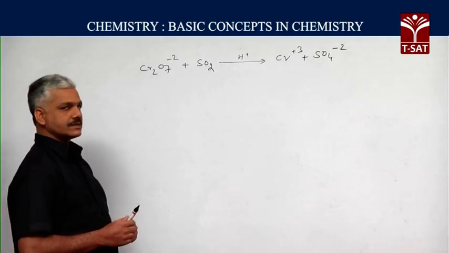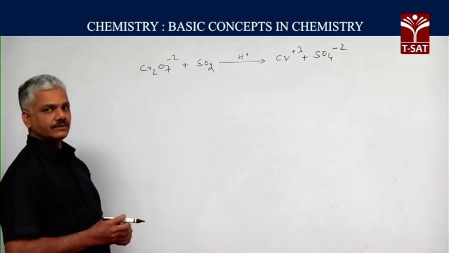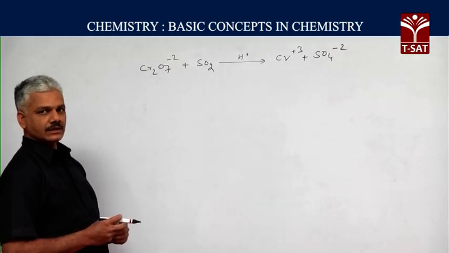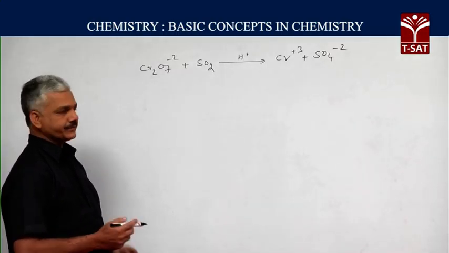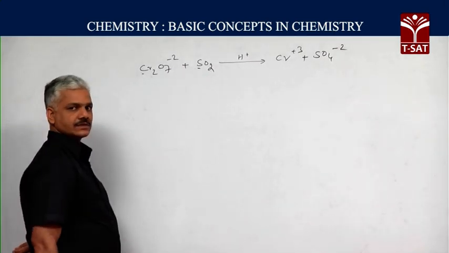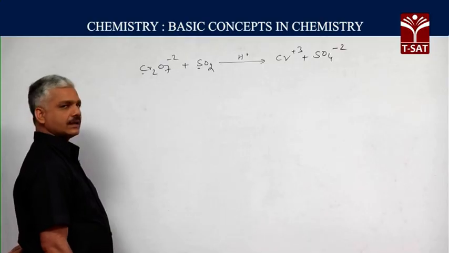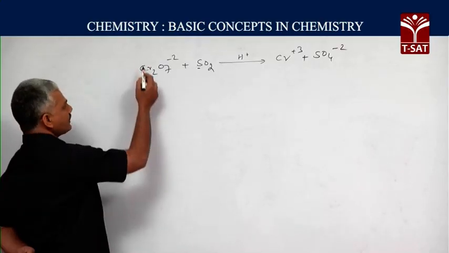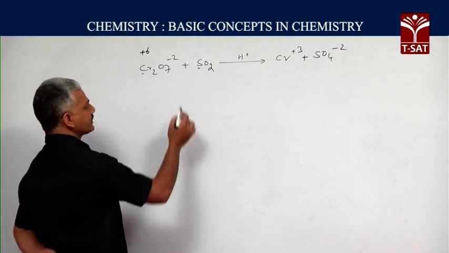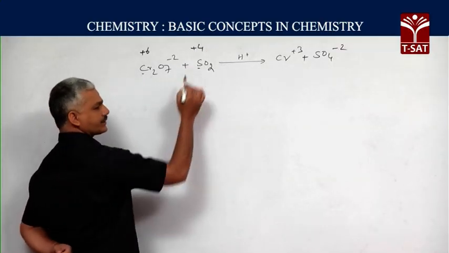In order to balance this equation, first we have to write down the oxidation states of elements other than oxygen and hydrogen. Other than oxygen and hydrogen, the elements present in this equation are chromium and sulfur. Here chromium oxidation state comes out to +6, sulfur +4.